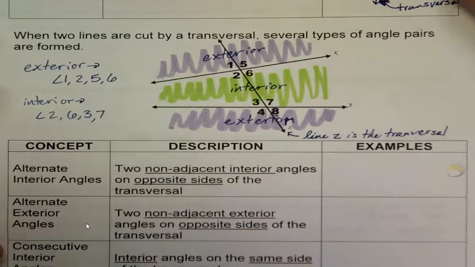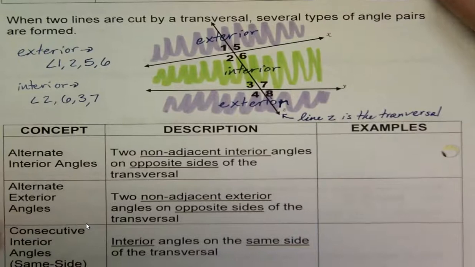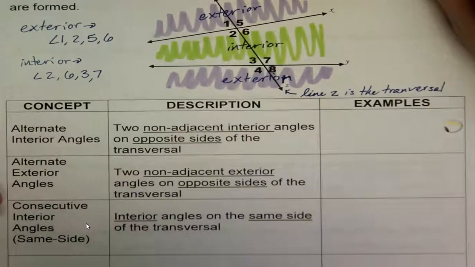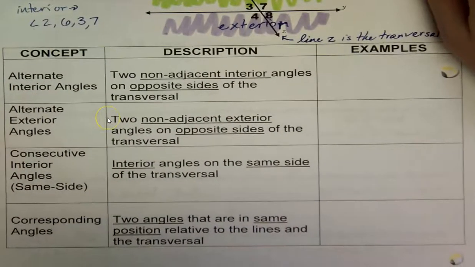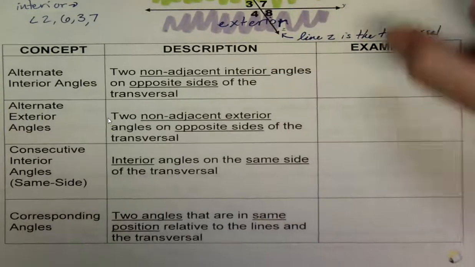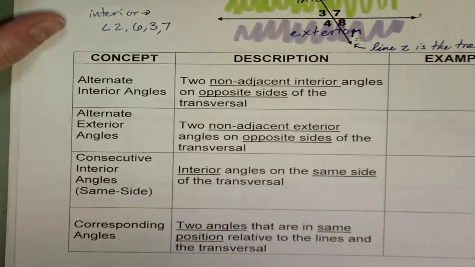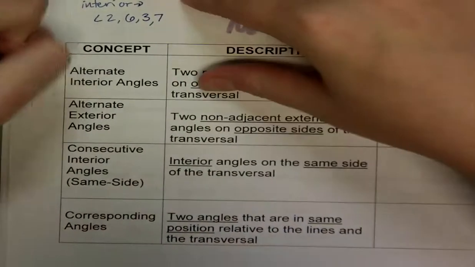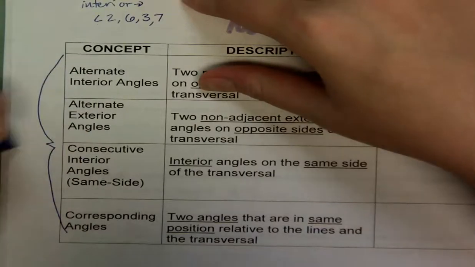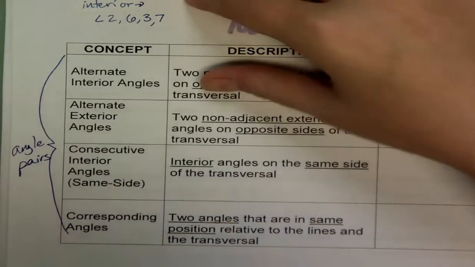Okay, and then we want to talk about these words down here. These are going to be the way we identify angle pairs. So each one of these is going to be a pair of angles. These are angle pairs over here.